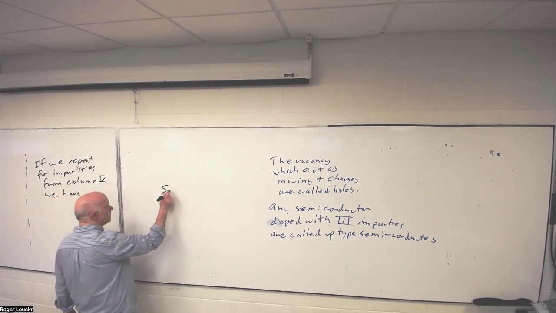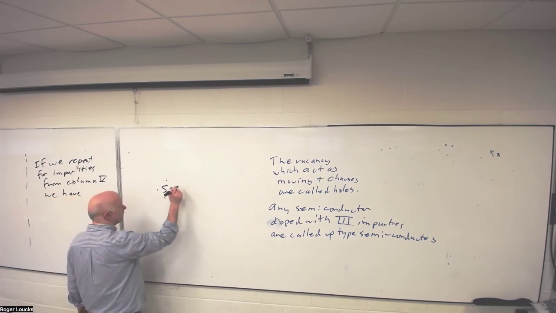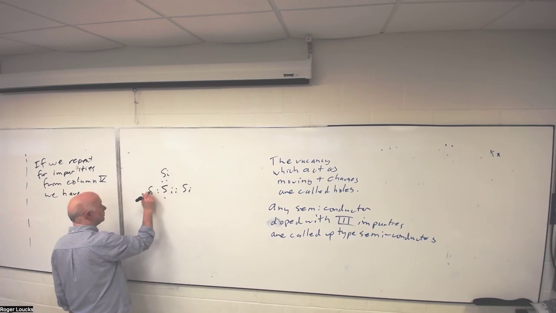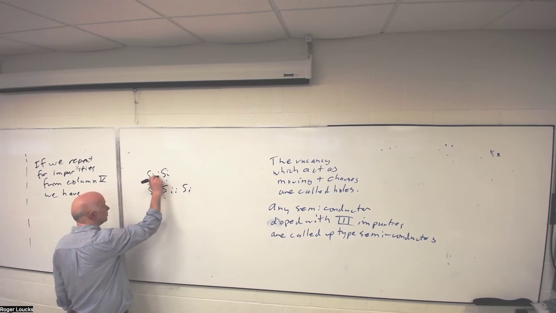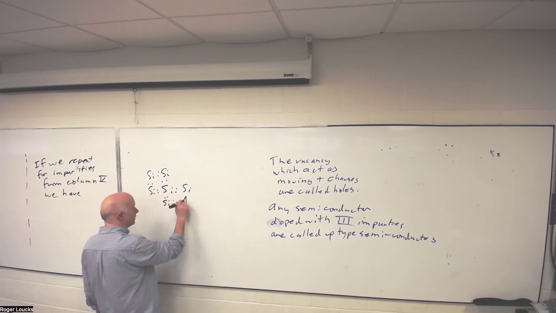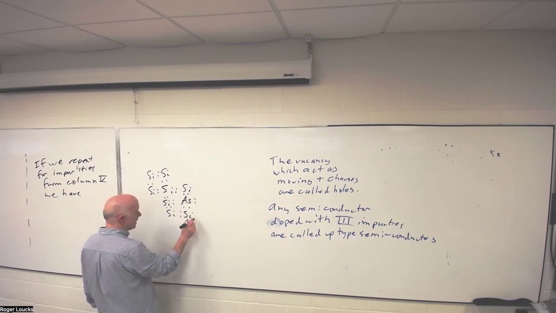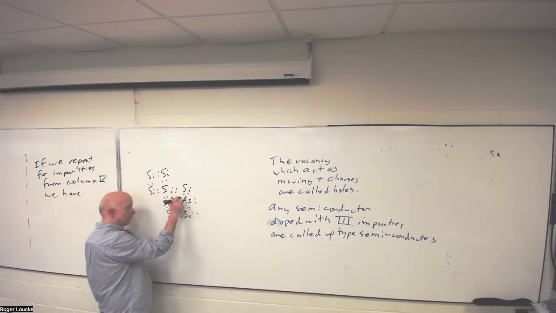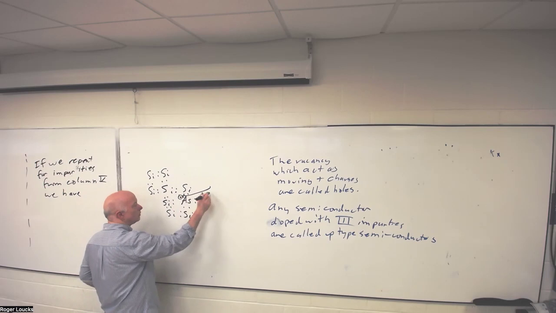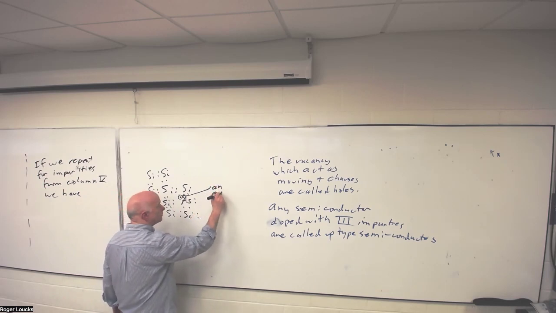So here's your Si. Silicon. Then over here, I'll put an arsenic. Now what happens is we have this other little electron here floating around. So here's an extra.